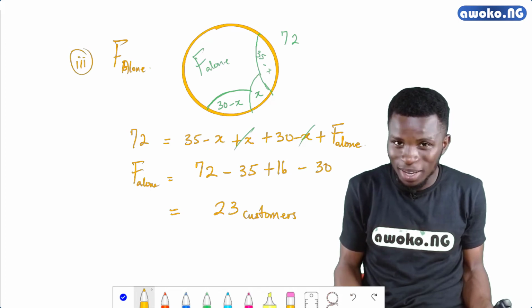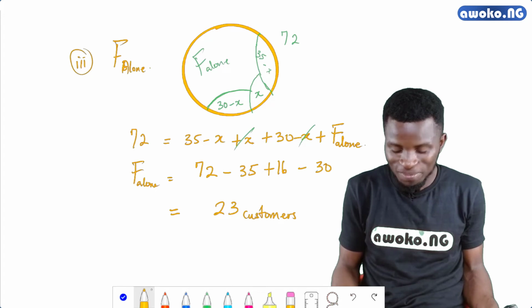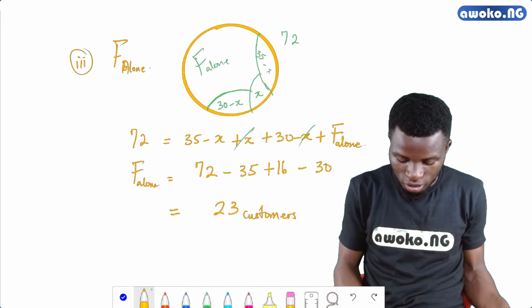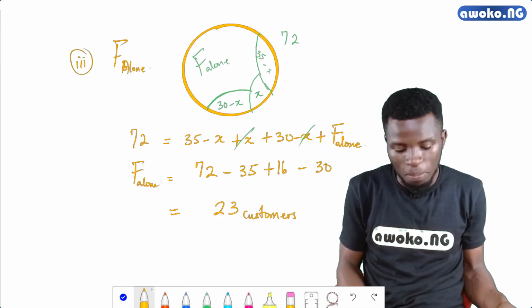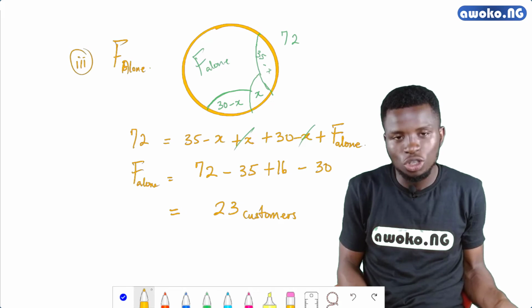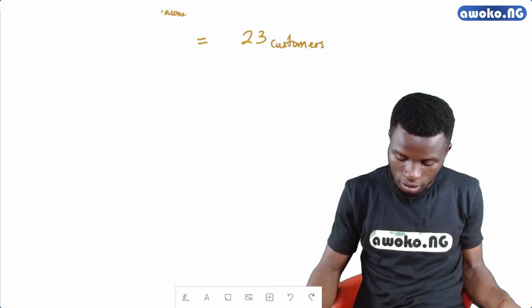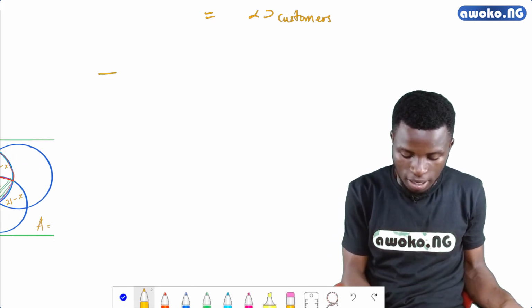Therefore, 23 customers banked with First Bank alone. Alright, since we have said that, let us go over to the number of customers that banked with Trust Bank alone.